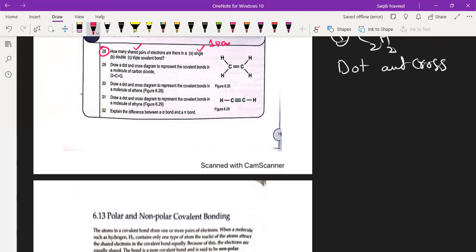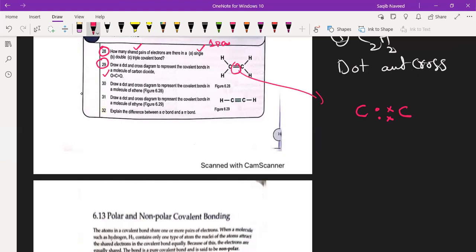So draw dot and cross diagram to represent covalent bond in a molecule of carbon dioxide, right? I guess you can do this. We have also drawn yesterday. So draw dot and cross diagram to represent covalent bond in a molecule of ethene. So you can write like this, because you have double bond between 2 carbon.